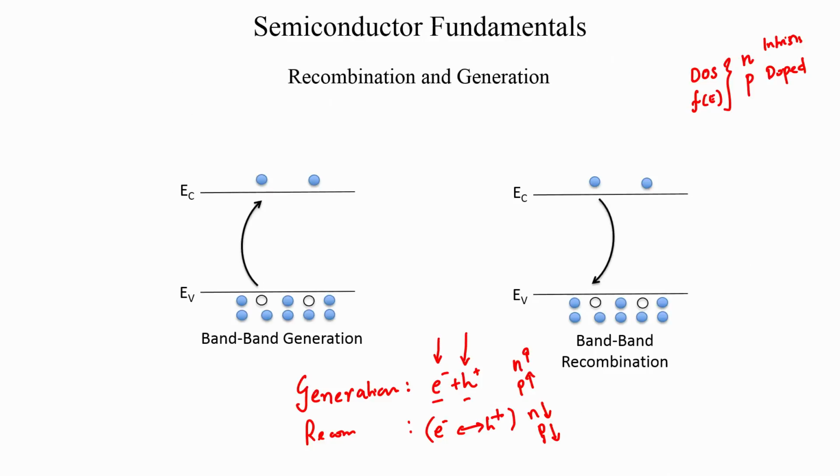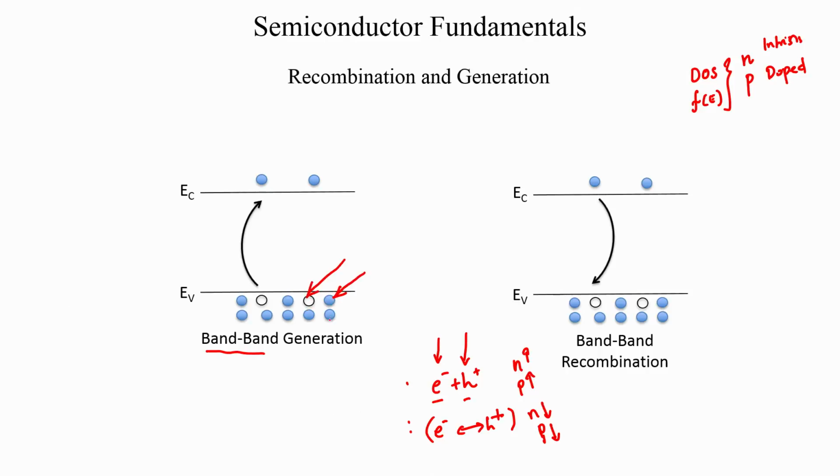The first is called band to band generation and recombination. So what does this mean? Band to band simply implies that you have your valence band, and you have electrons here. I represent the electrons by these blue circles and holes by these hollow circles.